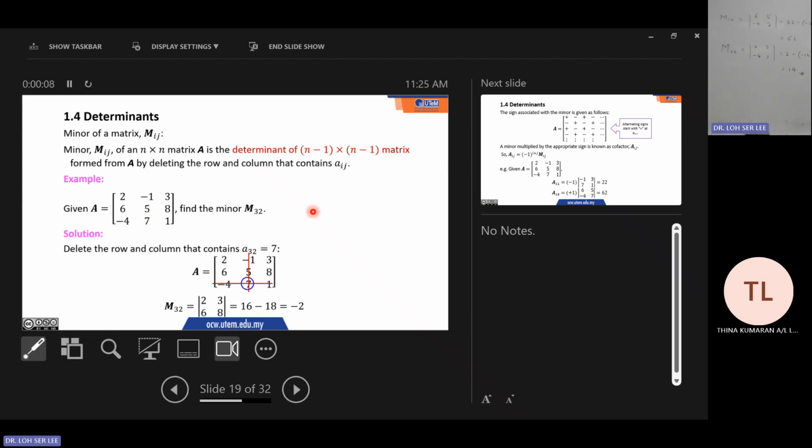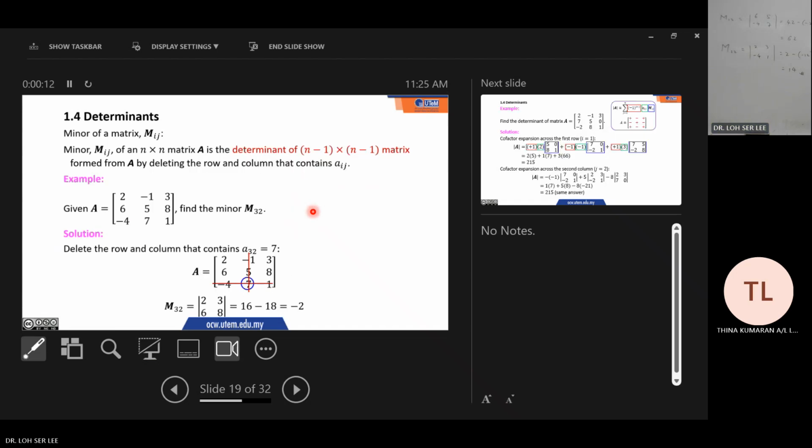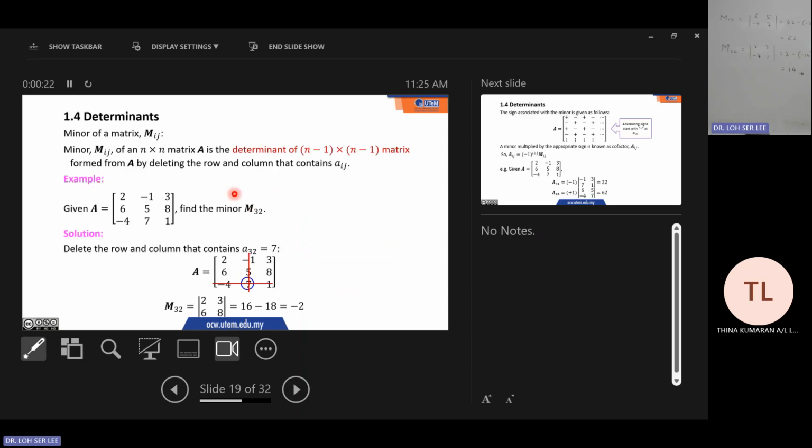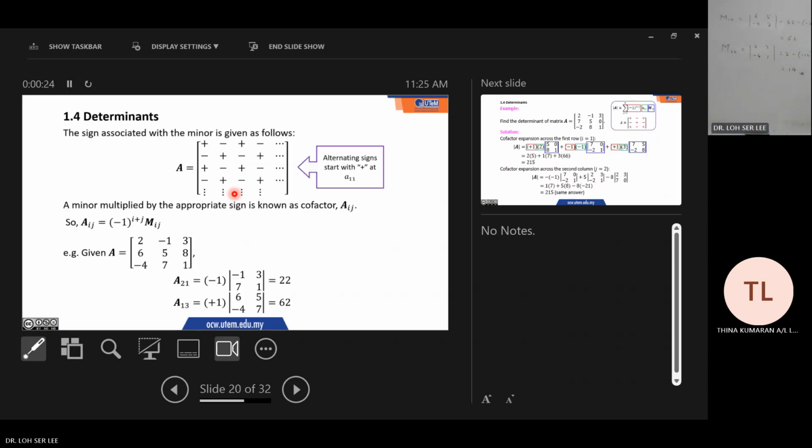Up to this moment, you know what this entry is, you know how to get the minor, and this one is the alternating sign. This alternating sign is the sign assigned at the location. It has nothing to do with the plus minus sign from the entry.